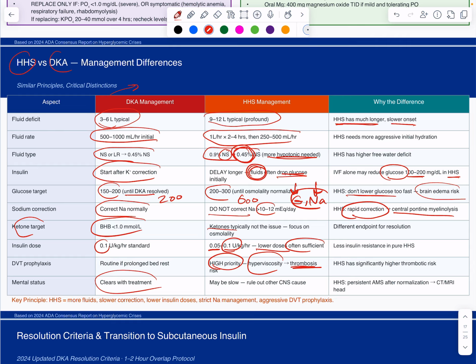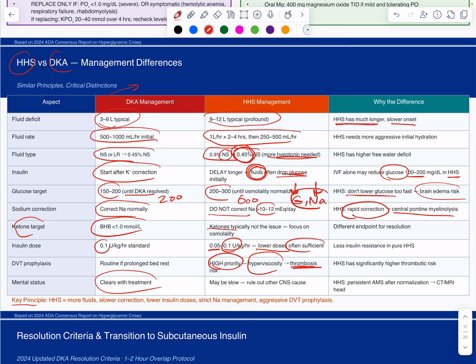While in HHS, it grows over time, over days or weeks, and causes CNS depression, and when you correct it, you need a longer time and more IV fluid to correct it, and you don't expect the symptoms to clear very fast. Usually it's a slower process even in the recovery.